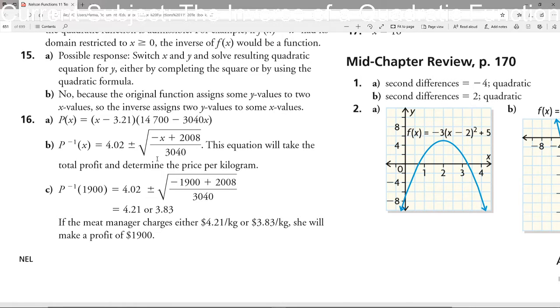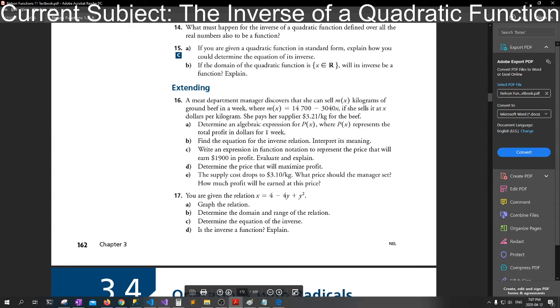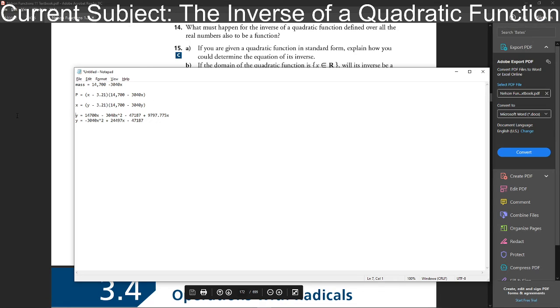Technically, just leave it. It all means the same thing, right? In the answer key, it looks like they actually went ahead and solved it. But technically this is right? That's all an inverse is.